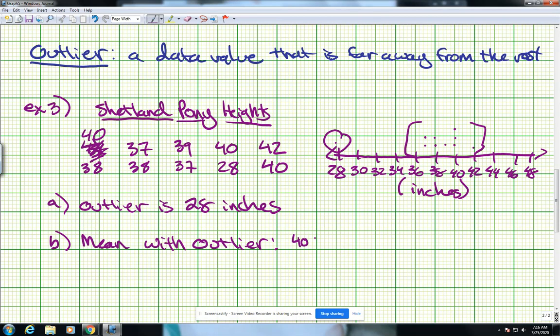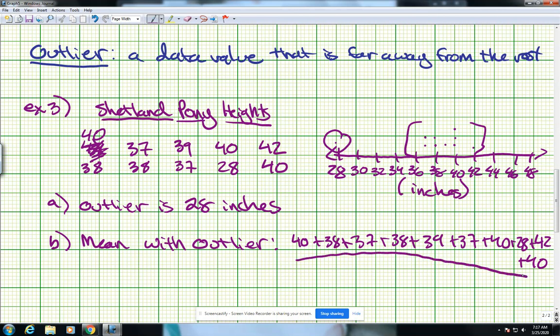So we have 40 plus 38 plus 37 plus 38 plus 39 plus 37 plus 40 plus 28. I'm running out of space. Plus 42 plus 40. That's kind of ugly, but we're going to divide this whole thing by how many there are. 1, 2, 3, 4, 5, 6, 7, 8, 9, 10.